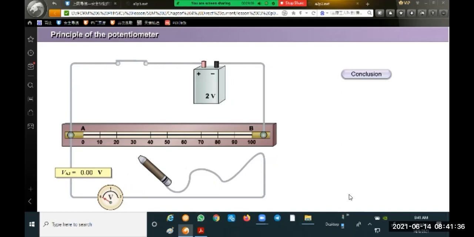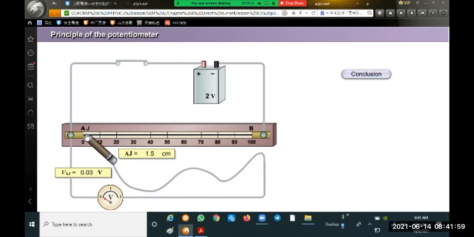Now I connect another wire to a voltmeter and also the jockey. So now the current is not flowing through the voltmeter and the jockey. Why? Because there is no connection.